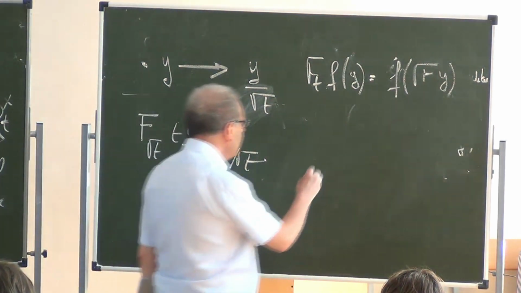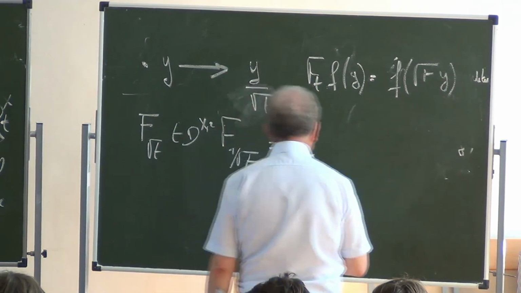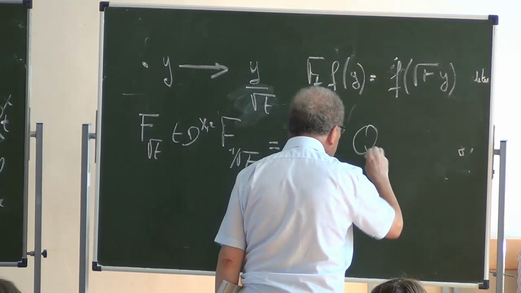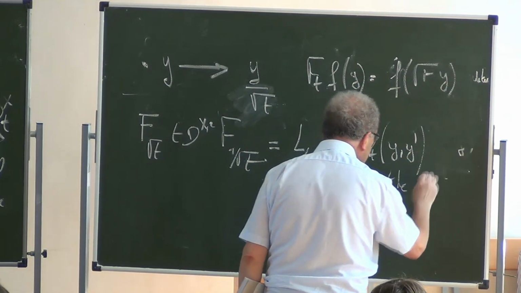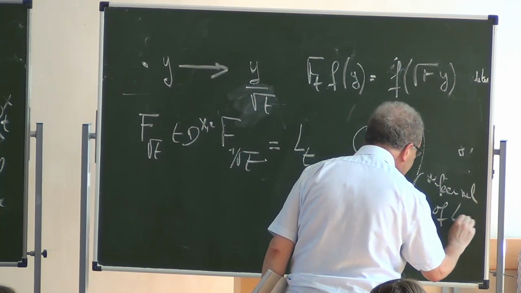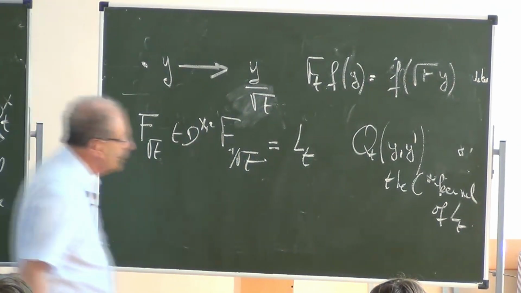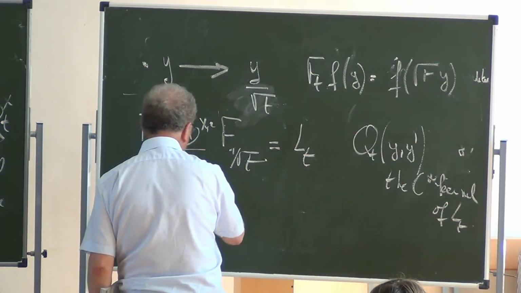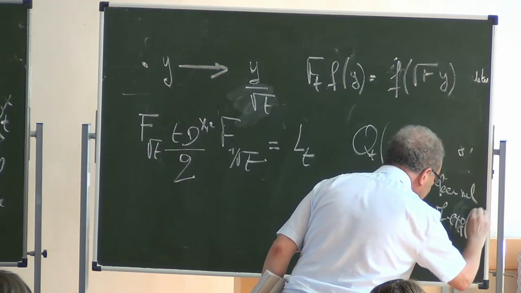Okay, so let me call this operator LT. And so for this operator LT, we have a new kernel. We call Qt of y, y prime the C-infinity kernel of exponential of minus LT.